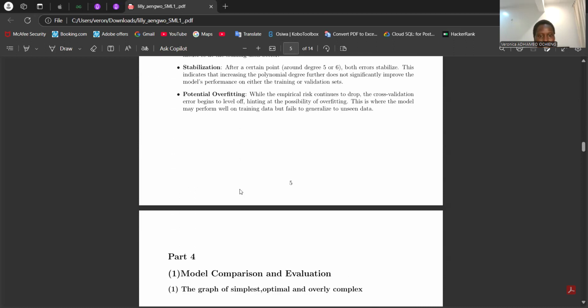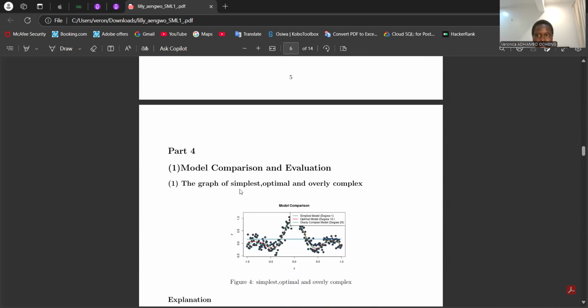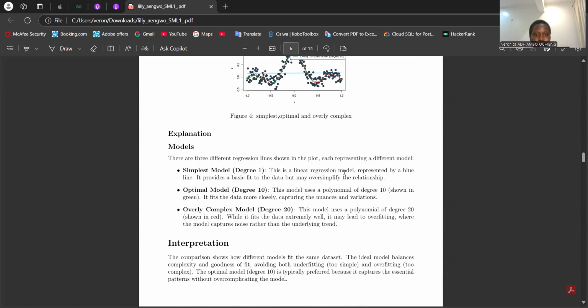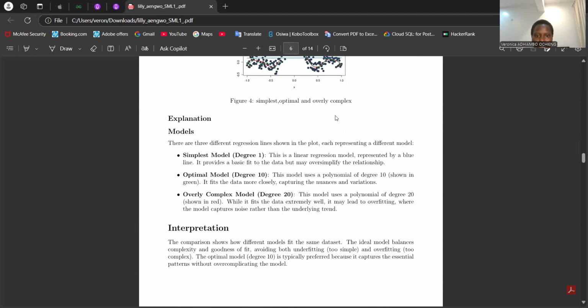Coming to the model comparison and evaluation, I plotted the graph of the simplest, optimal, and overly complex models, and the graph shows that the optimal model was the best because it has a degree of 10, compared to the complex one with degree 20.